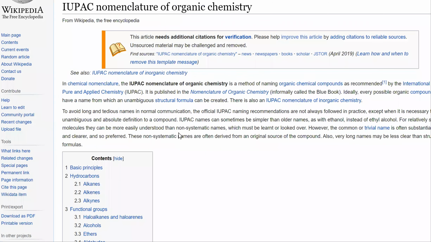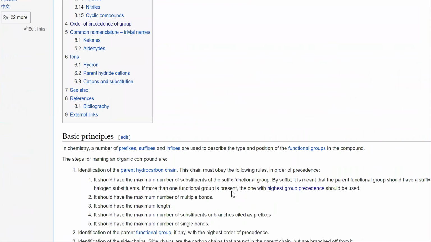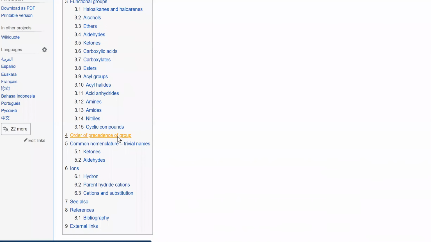We're not going to talk about the whole IUPAC nomenclature, because we just study a certain set of homologous series, very few of them. And secondly, the IUPAC nomenclature is not going to work every time. It works for a certain complexity, but not for all of them.